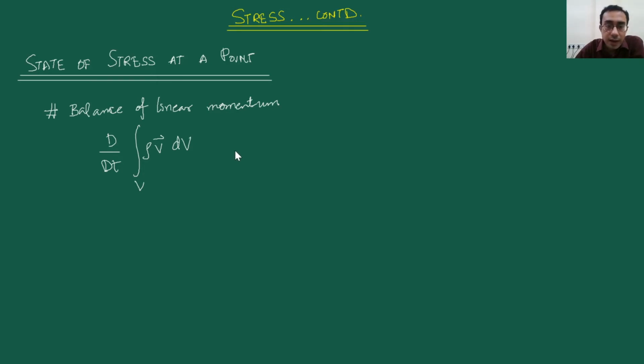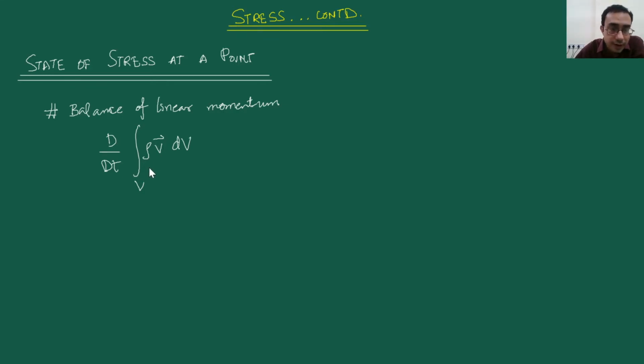It's basically a sophisticated way of writing F is equal to ma. So what we have written here, F is equal to ma, or perhaps even more generally, F is equal to the time rate of change of the linear momentum. That's that form of Newton's second law. So on the left hand side, that is the time rate of change of linear momentum, this rho v.